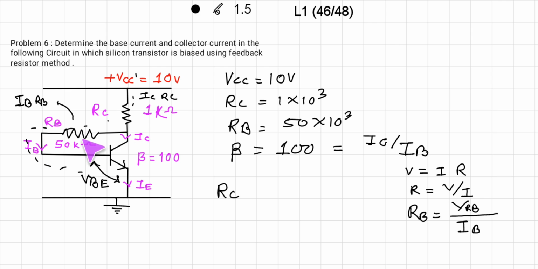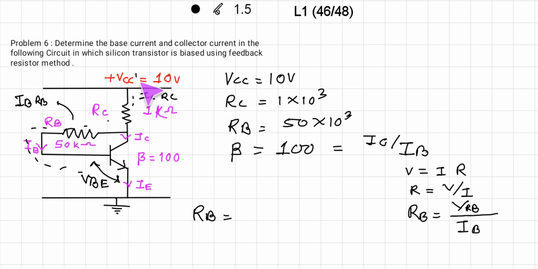So we can write RB is equal to, what is the voltage drop across this? Remember that it is VCC minus this voltage minus VBE. The remaining voltage will appear across this. See, VCC is the addition of this voltage and this voltage.